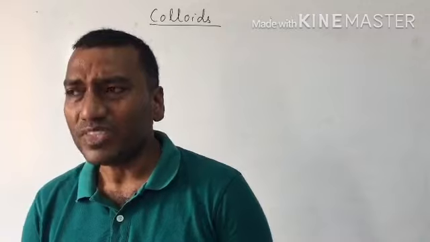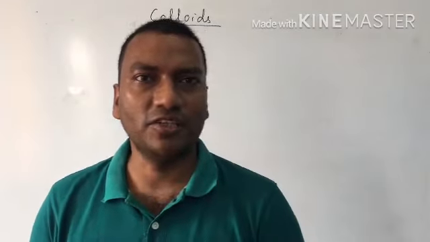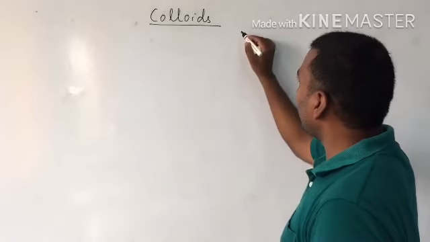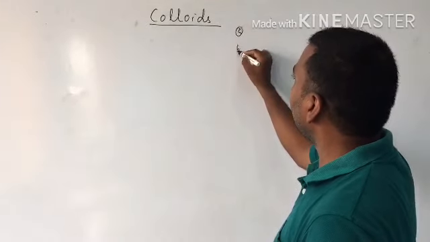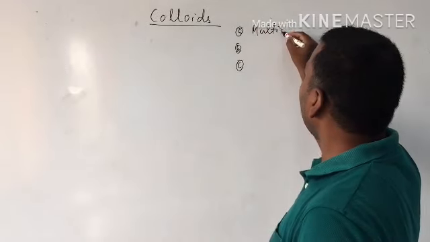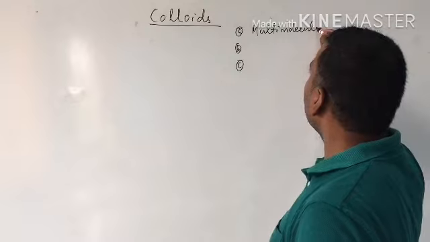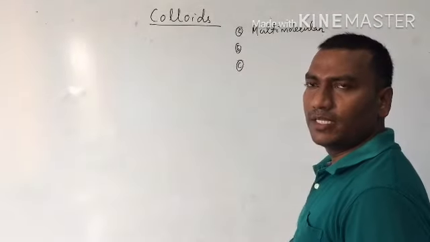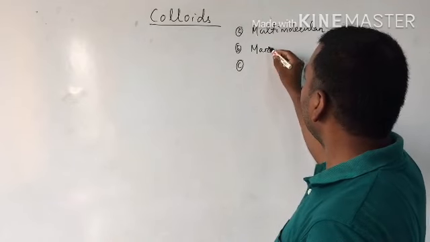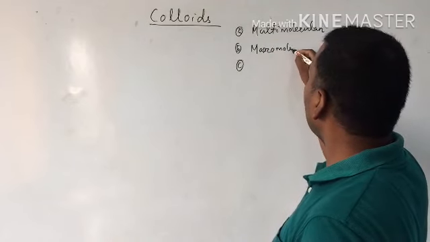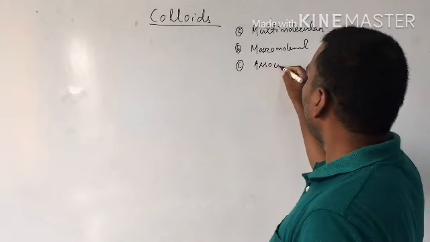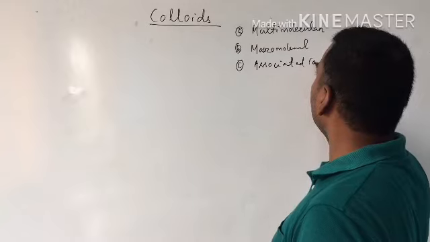Clear now? Then the third classification is on the basis of particle size. On the basis of particle size, colloids are of three types. First is multimolecular colloid, where huge numbers of molecules are present. Second is macromolecular colloid, and third is associated colloid.